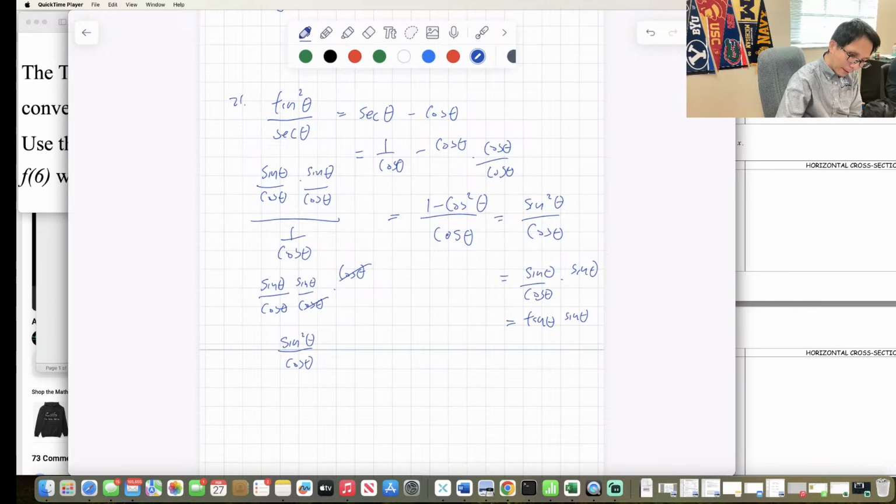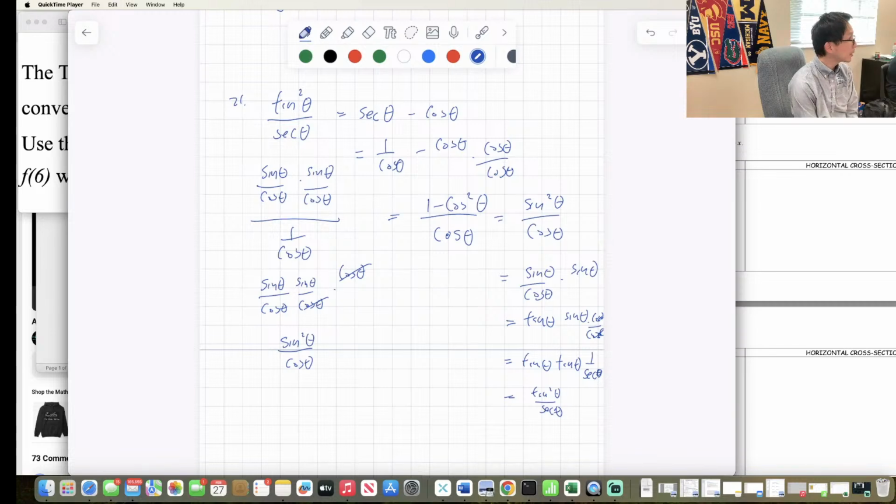So I can do cosine theta over cosine theta. So that's equal to tangent theta. Sine over cosine is going to be tangent theta, and that's equal to 1 over secant theta. So that is equal to tangent squared theta over secant theta.